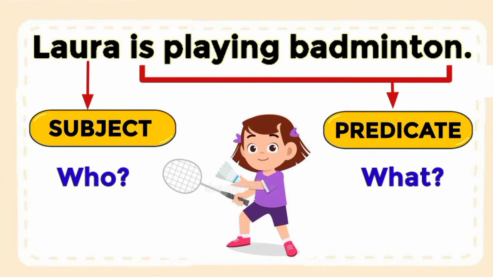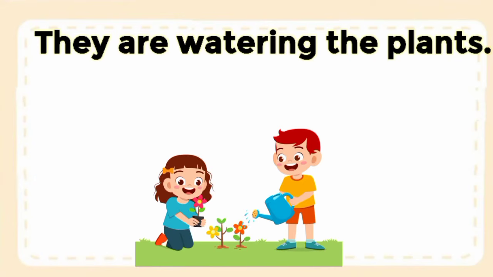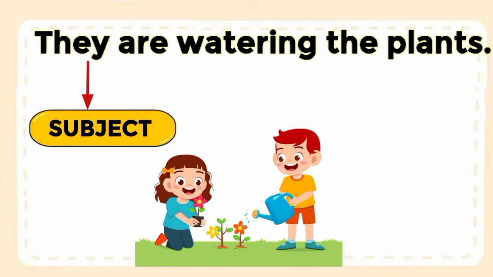They are watering the plants. Now in this sentence, we are talking about these two children, but instead of noun, we used pronoun and it is our subject. Because if we ask who are watering the plants, we get the answer they, the children, they.